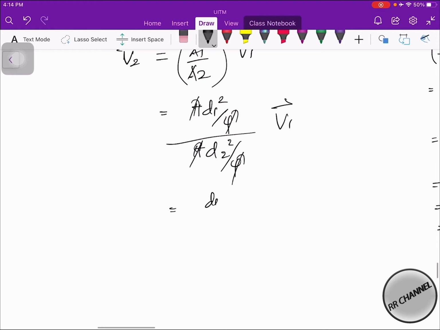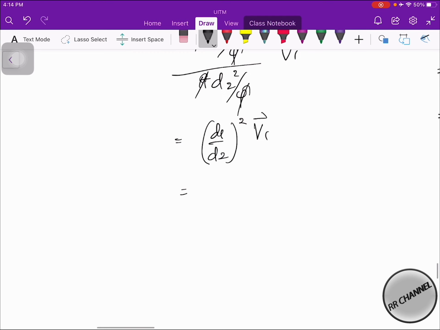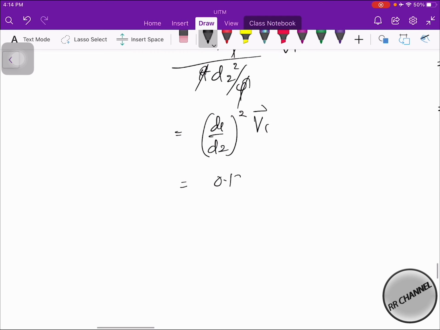It's equal to d1 over d2 squared, times V1. So our d1 is 0.12 over 0.06 squared, and your inlet velocity is 2, so you will get the value as 8 meter per second.